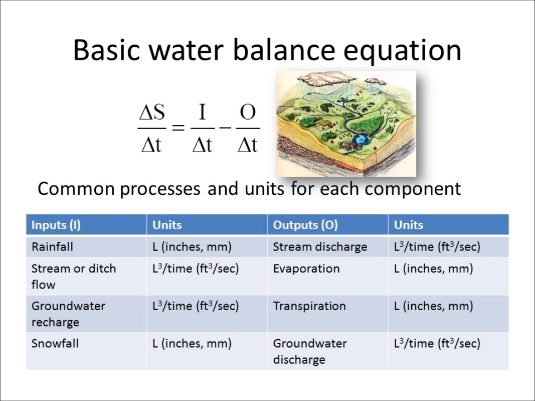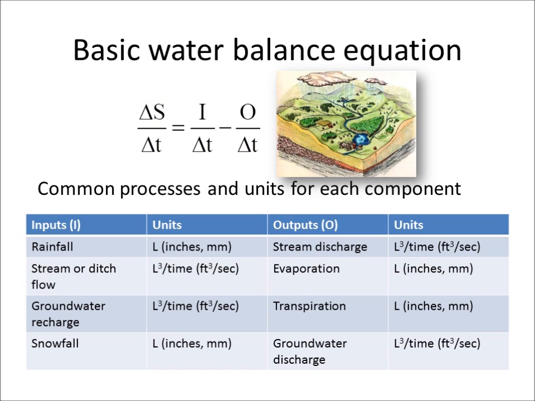Stream or ditch flow as an input is often reported as a volume rate, so we might have a number of cubic units of length per time, and the common unit for stream or ditch flow is cubic feet per second. Groundwater recharge is expressed the same way.